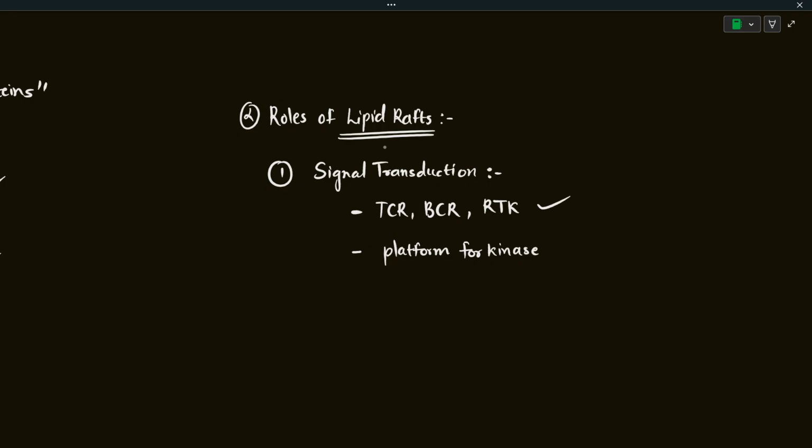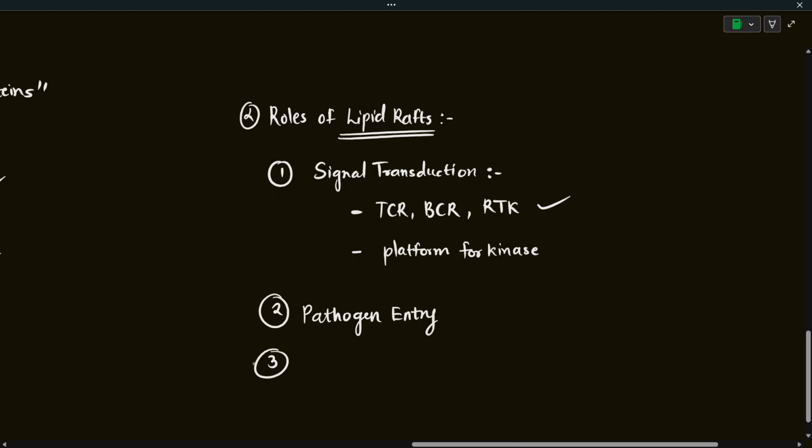That is why they help in signal transduction. Lipid rafts also help in pathogen entry. They are usually used by viruses such as HIV and influenza, or bacteria such as Salmonella. Different types of viruses and bacteria use lipid rafts for entering the host cell.